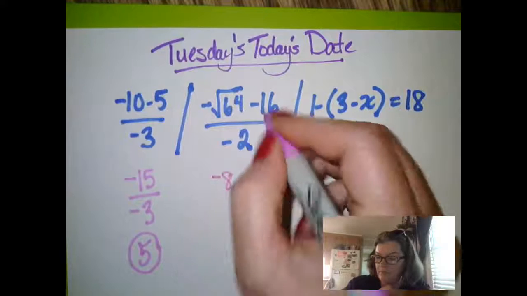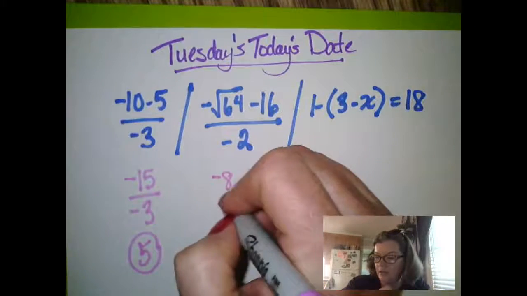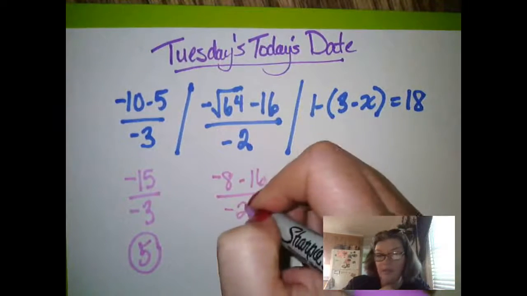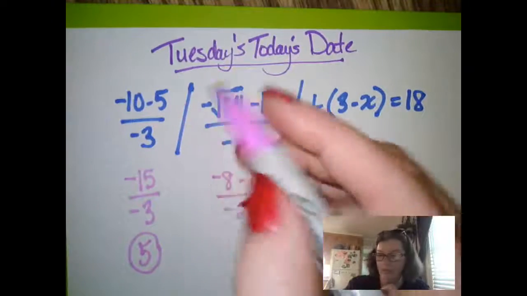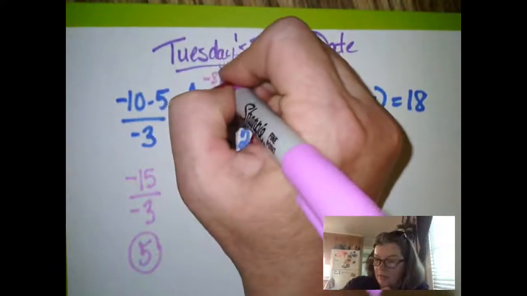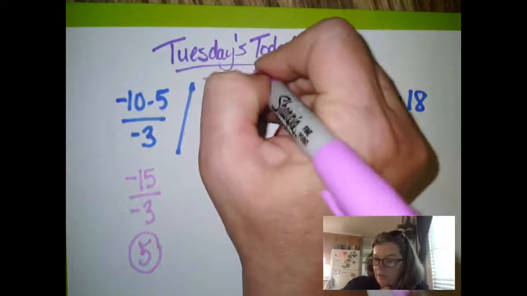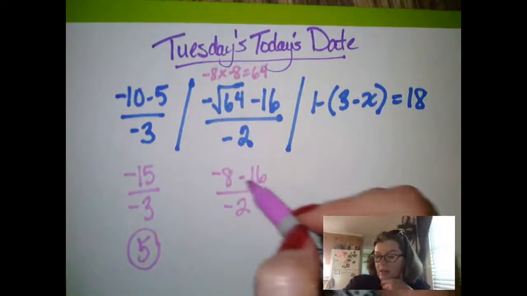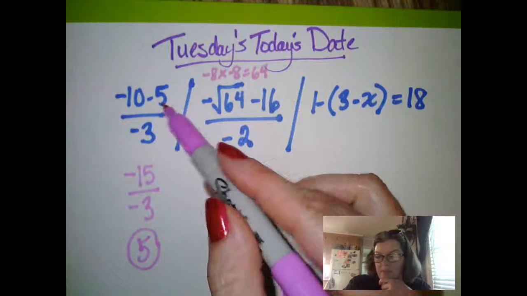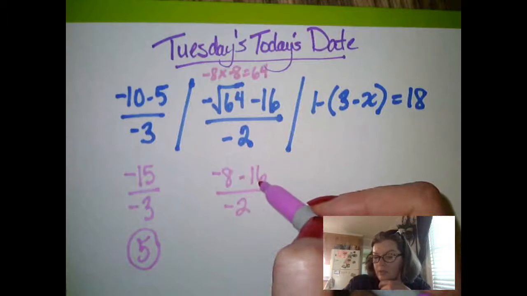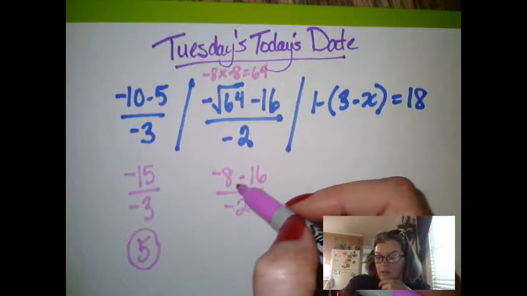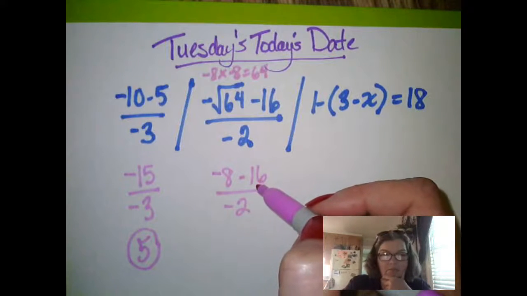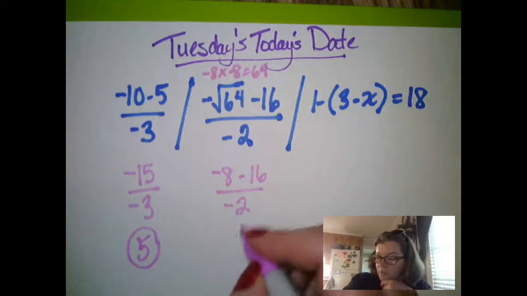We're going to bring down that -16 and -2. So now this looks just like what we were doing here. I'm going to write this up here. -8 times -8 equals 64. Alright. -8 minus 16. We're going to do the same thing we did here. We're going further into the negative, so we add them. And 8 plus 16 is 24. So this is -24.